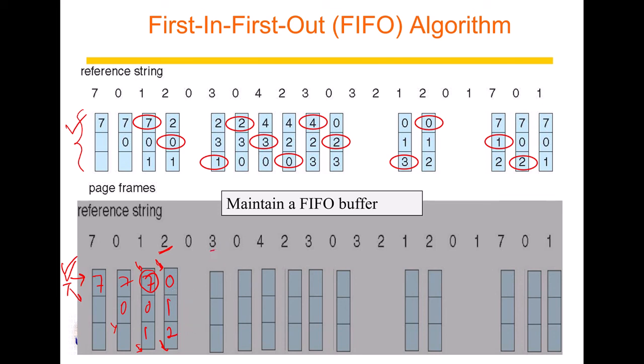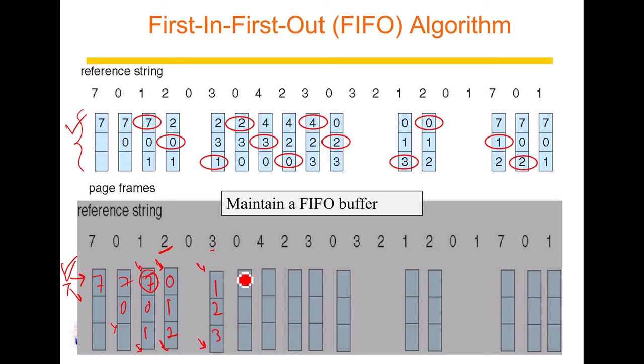But when the 3 comes in, we don't have space and 3 is not in the data structure, so we have to kick out 0. So 1 will go here, 2 will go here, and 3 will go here.